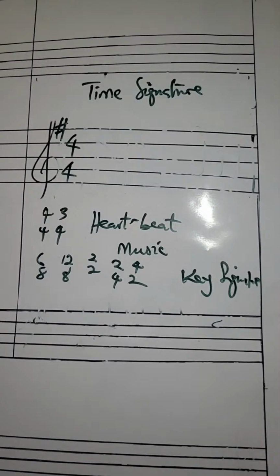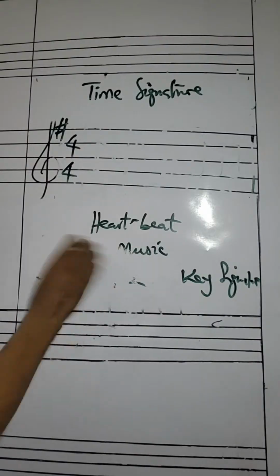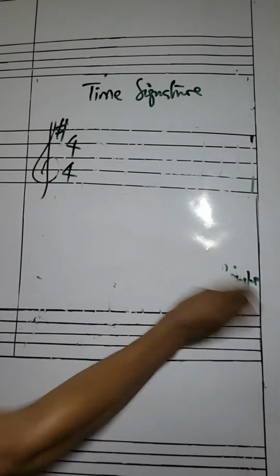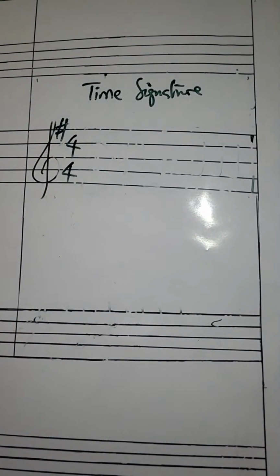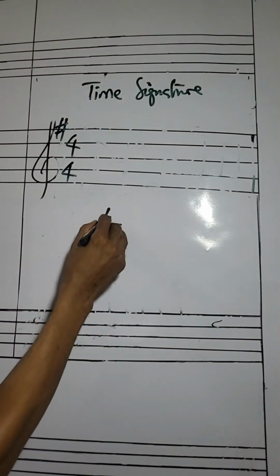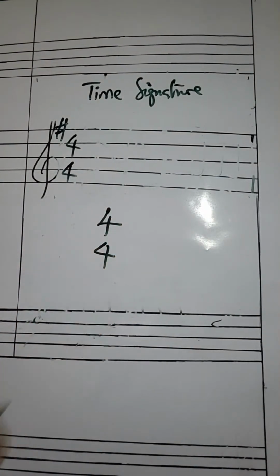Now you can see that here we have a 4 and another 4. We have the top one and the bottom one. You need to understand the top number and the bottom number. The top number tells us how many beats are in each bar.